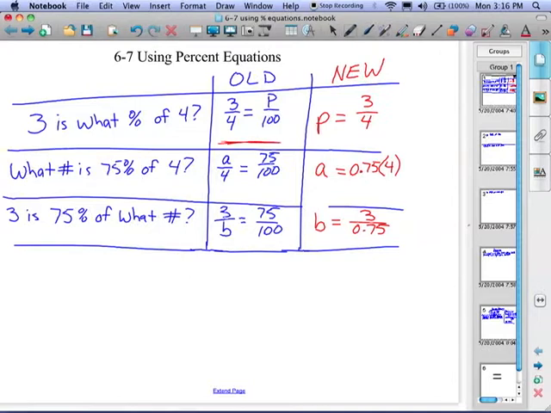Today, we're going to look at that and say p is equal to 3 over 4. If you were to type into a calculator 3 over 4, you would get 0.75. That's a decimal. We turn that decimal into a percent by moving the decimal point over 2 spaces, and you get 75%.